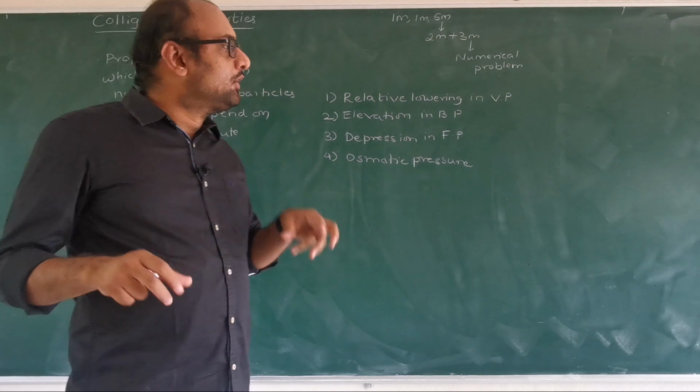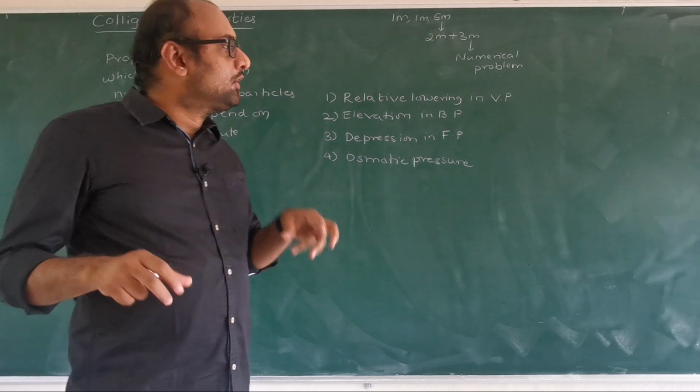So according to Raoult's law, the relative lowering of vapor pressure is equal to the mole fraction of solute. Mole fraction of solute means concentration of solute, the number of solute particles present in the solution. Hence, relative lowering in vapor pressure is a colligative property.